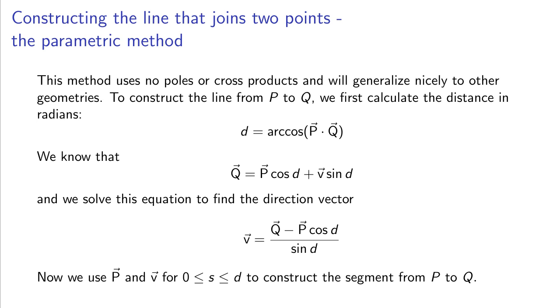So we want the line segment from P to Q. First thing we do is we calculate the distance in radians from P to Q, and we know that Q is therefore the position vector P times the cosine of that distance plus the direction vector V times the sine of that distance, and we can solve this equation for V. V is Q minus P cosine of the distance, divided by the sine of the distance. And then, once we've got both the position vector and the direction vector, we can construct points on the segment from P to Q by just using different values for the distance, S, in between 0 and D.